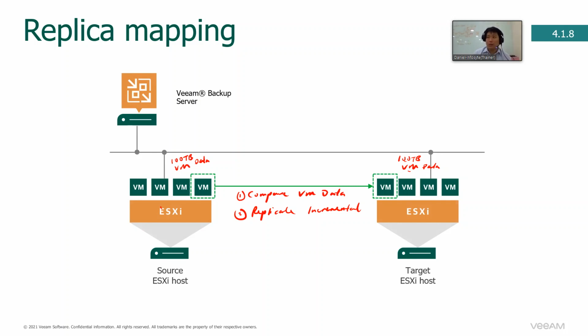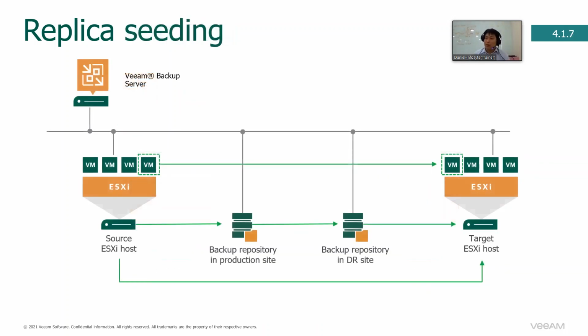So this option is good if you are converting something or trying to reestablish the replication job, or maybe you actually brought the ESXi machine to production and did a local transfer before you moved it to the DR side. Then you can utilize this option to reestablish the replication job. Over here you will see replica mapping and replica seeding.